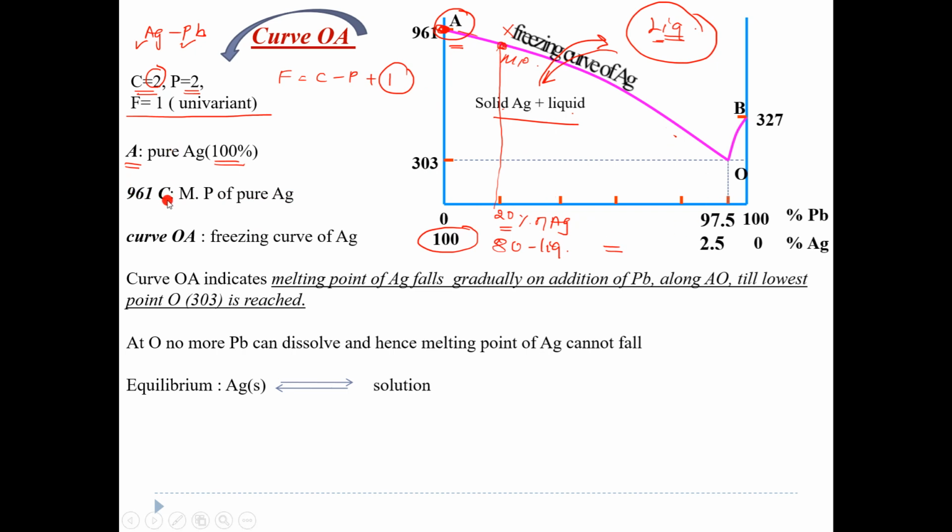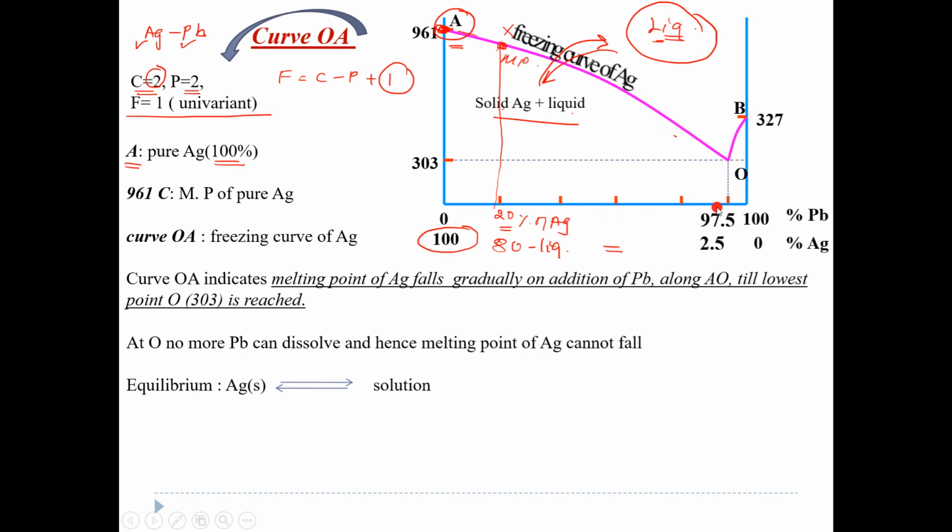Okay, so at 961 you have pure silver. Curve OA is called as the freezing point curve of Ag. Okay, similarly AOB is the freezing point curve of lead. So we'll see that later. Curve OA indicates that melting point of silver falls gradually as you add lead. So when I show it downwards, it means percentage composition of silver is decreasing and percentage of lead is increasing.